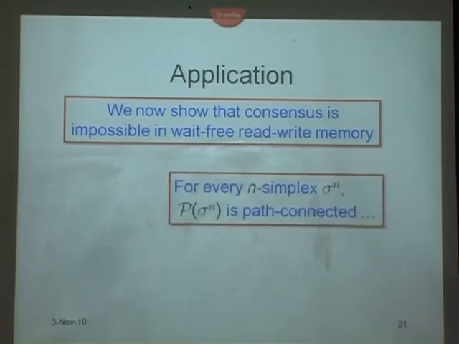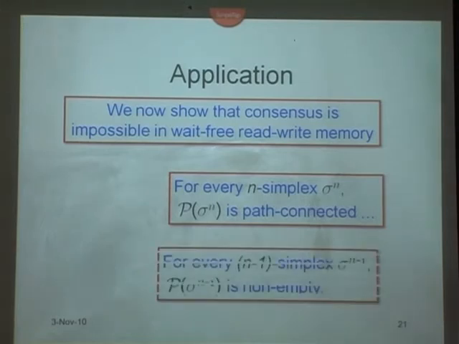So we need to show that for every n simplex, the protocol complex is path connected, so that if you run without any failures, the set of possibilities is path connected. And then I need to show that if there's a single failure, somebody still terminates. A single failure doesn't cause your protocol to fail.